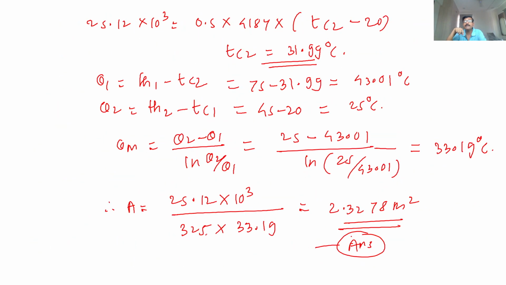And what is the LMTD value for counterflow? It is 33. So the LMTD value is different. Same data, but for parallel flow and counterflow, LMTD is different. LMTD for a counterflow heat exchanger is always higher, and therefore you will find the area of a counterflow heat exchanger is always less than a parallel flow heat exchanger.